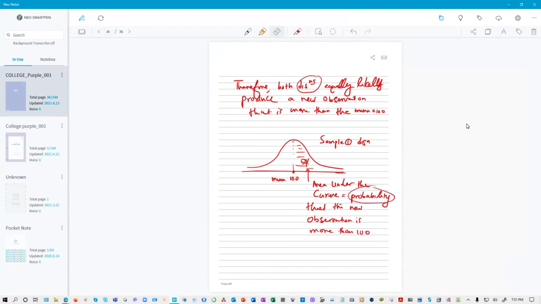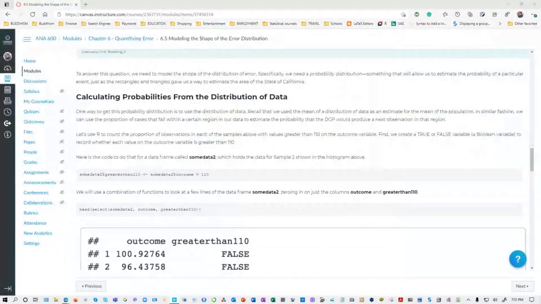That's the probability. Probability means chance, the same thing. That's what they are trying to calculate: the area under the curve.